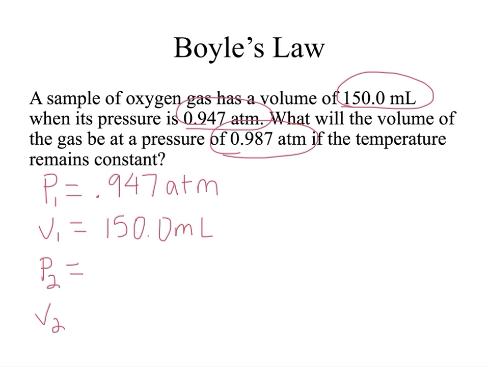Pressure 2 is going to be 0.987 atm. And volume 2 is what we're trying to find. So, if we recall, our equation is going to be P1 times V1 equals P2 times V2.